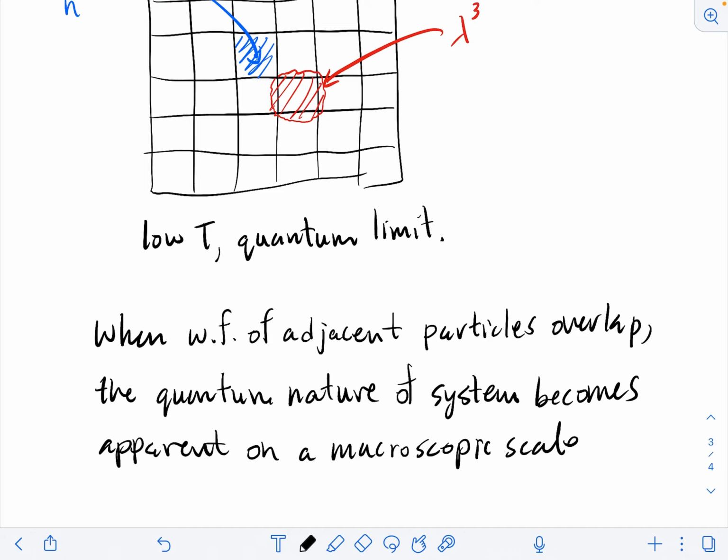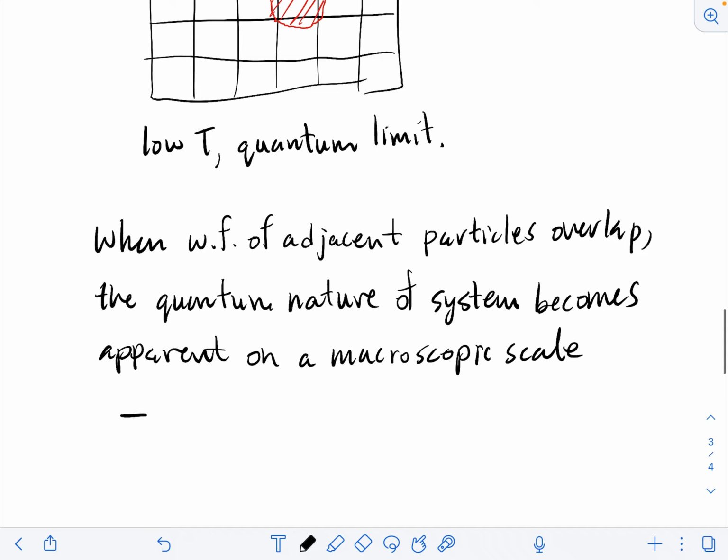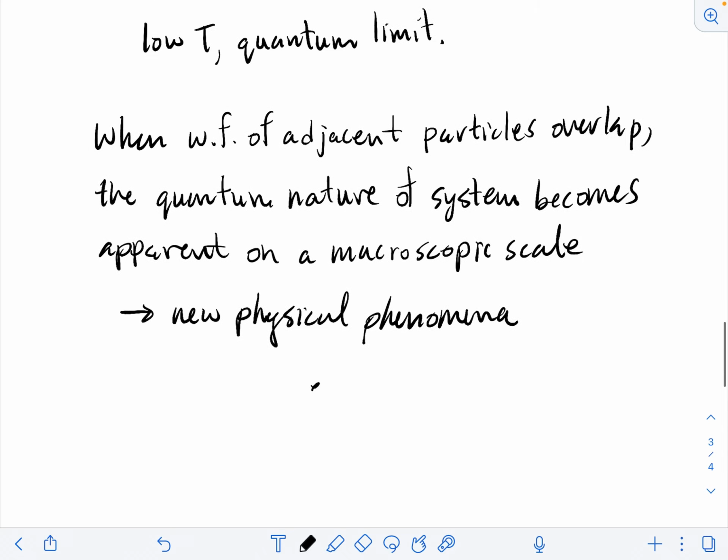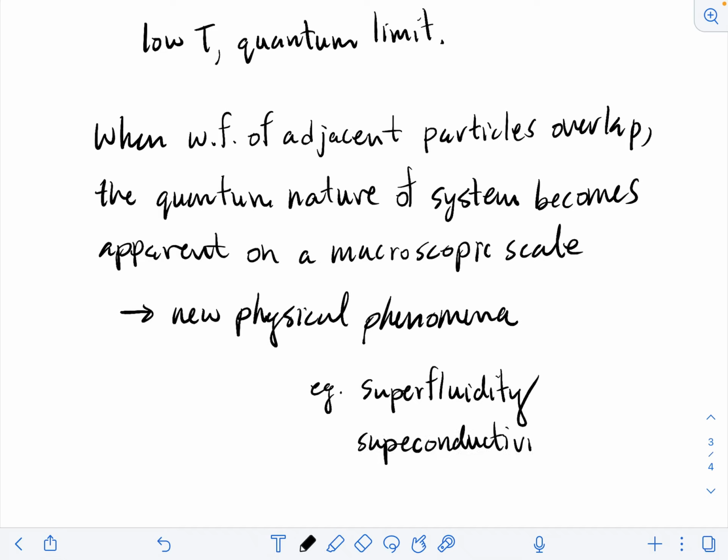And when that happens, you get new physical phenomena. And quite often, these phenomena are very unfamiliar to our common experience. And so the obvious examples are superfluidity and superconductivity. But those aren't the only possibilities.